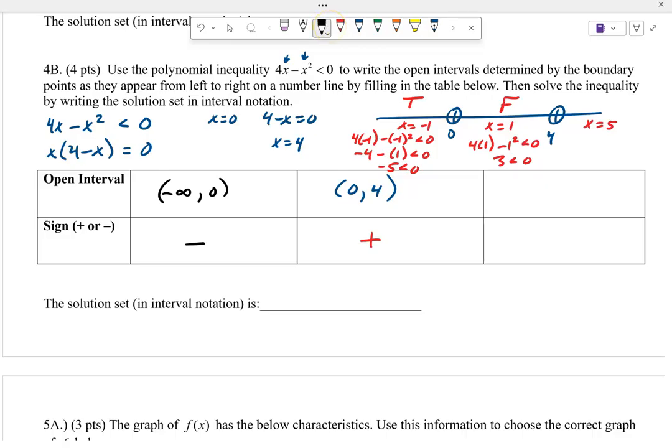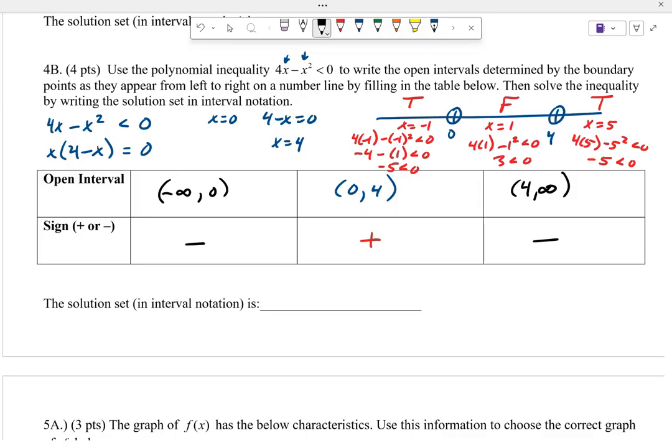Now let's plug in something to the right of 4. So this is now the interval from 4 on. And let's test 5. So I got 4 times 5 minus 5 squared. Is that less than 0? 20 minus 25 is a -5. Is -5 less than 0? Yes, it is, right? It spit out a negative, which of course is less than 0.